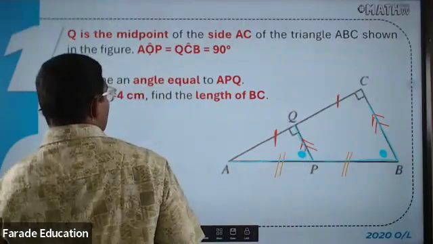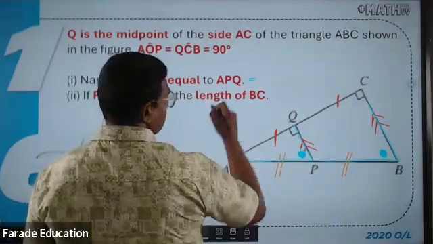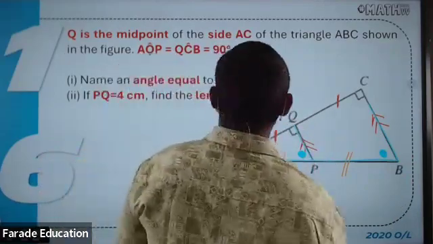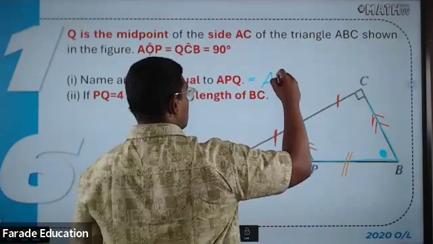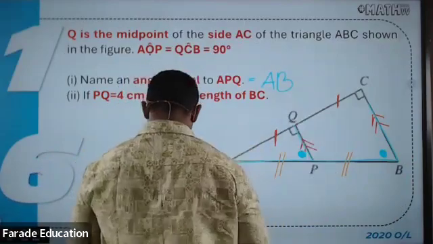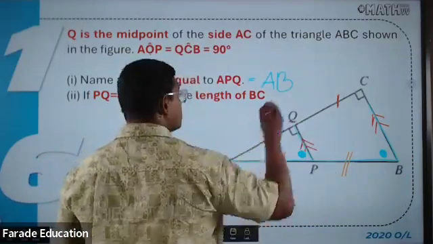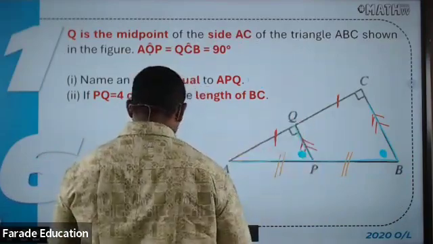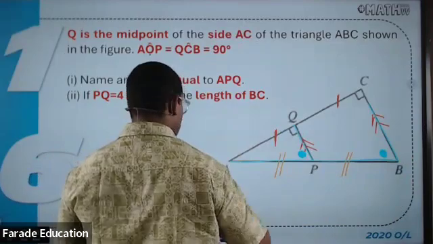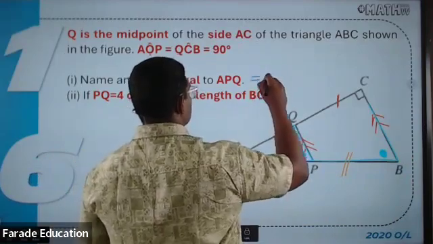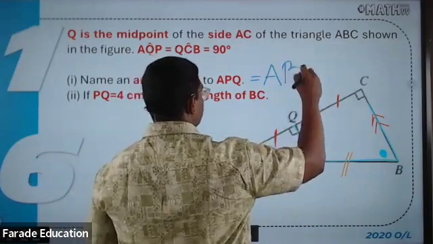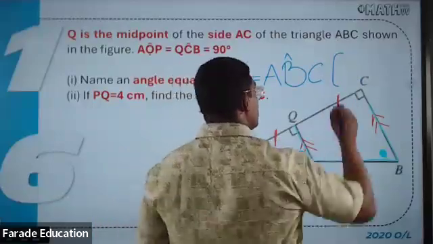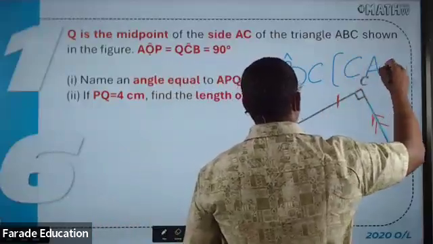So the angle equal to APQ is ABC. What is the reason? Corresponding angle.